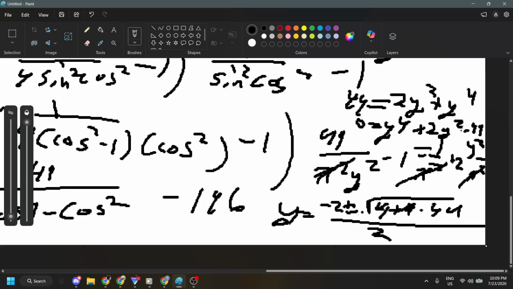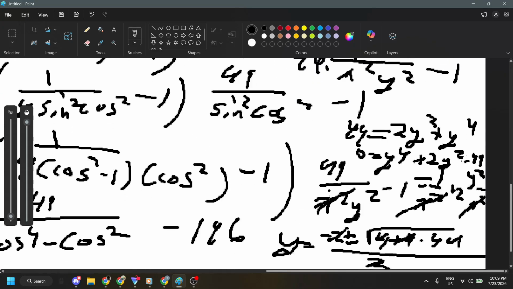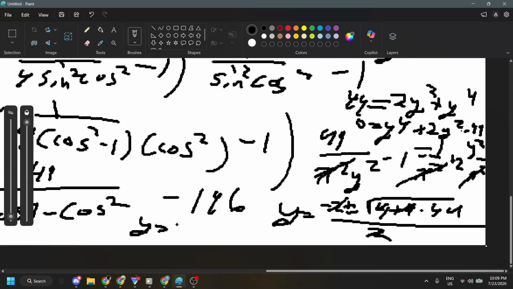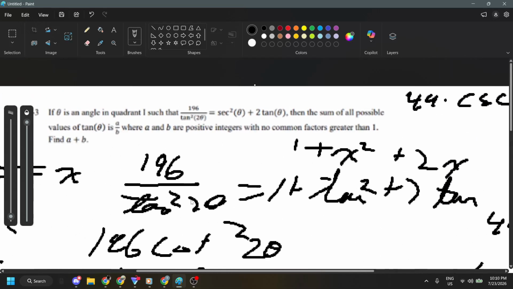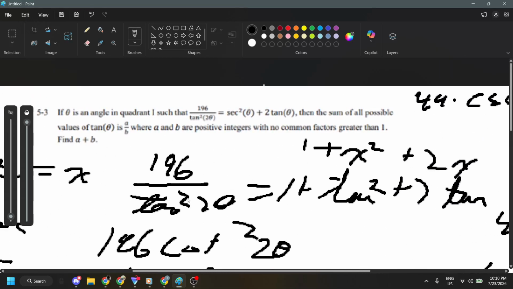Take out these two 4's, this turns to 1, this goes to negative 1, we get y is equal to negative 1 plus or minus the square root of 1 plus 49, so 50. So that's negative 1 plus or minus 5 root 2.